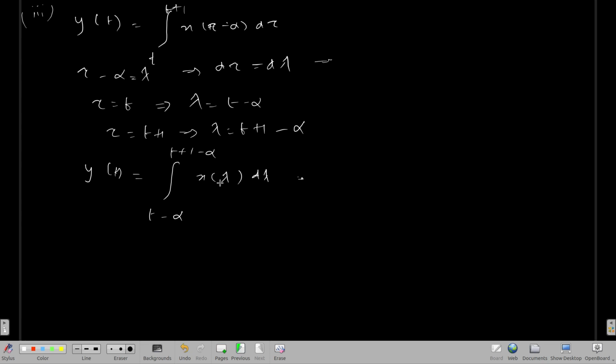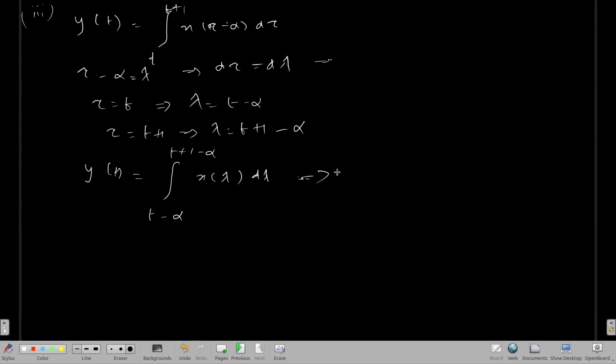So what is happening? The output is depending on the future or past values of the input, depending on the value of alpha. It may be some future value or some past value. Either way, it is not depending only on the present value.